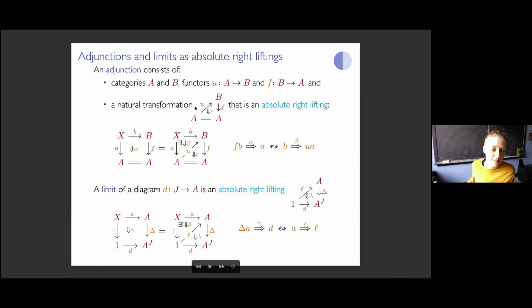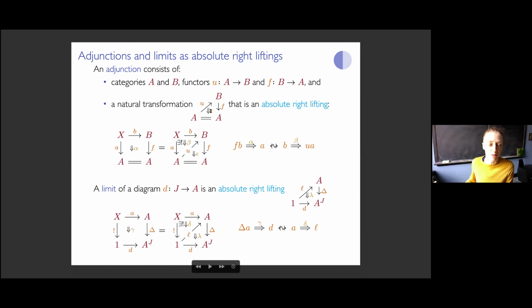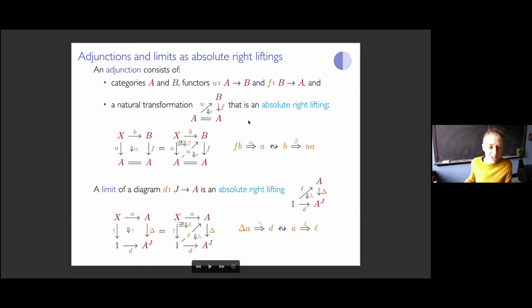This is a two-dimensional morphism between one categories, since one categories naturally sit in a two category. We depict it with a double arrow to indicate that it's a higher dimensional arrow. It is a two-dimensional morphism whose source is the composite FU, the composite of the functors, and whose target is the identity functor on A, which I've depicted by drawing an equal sign.